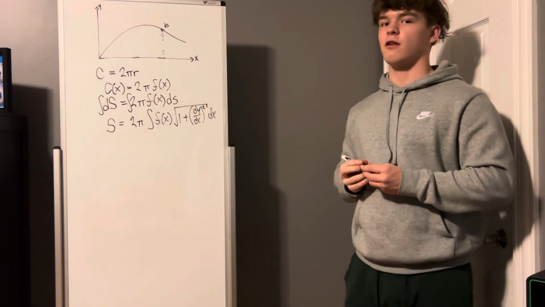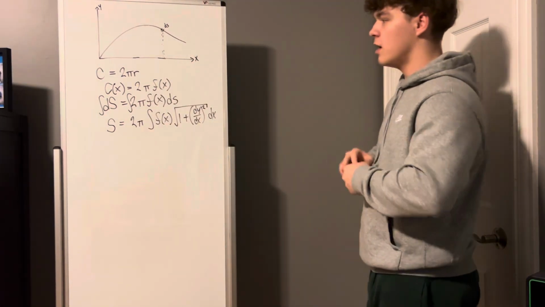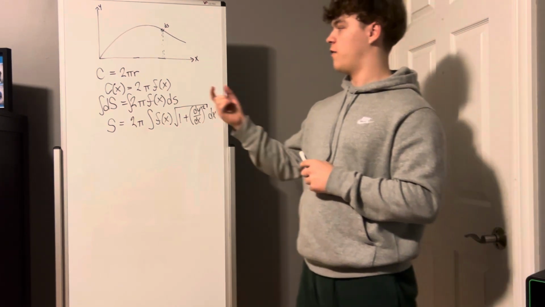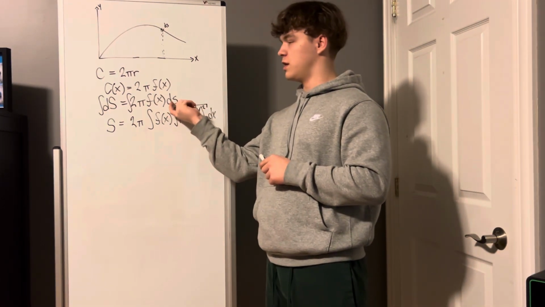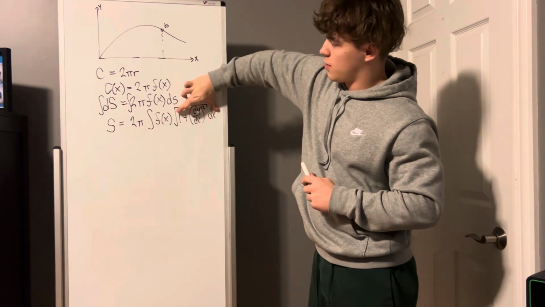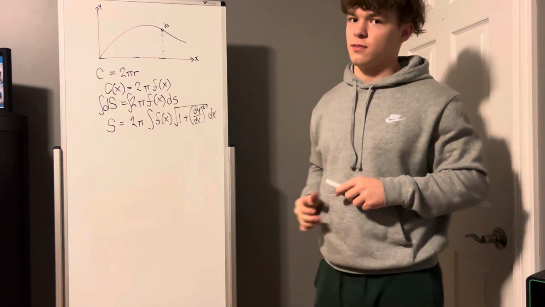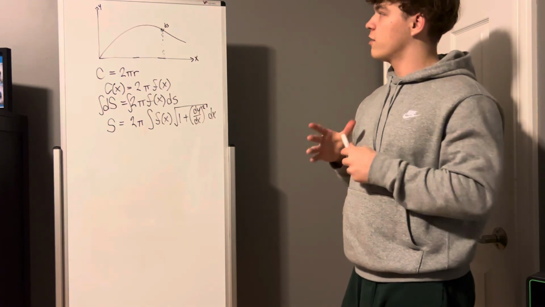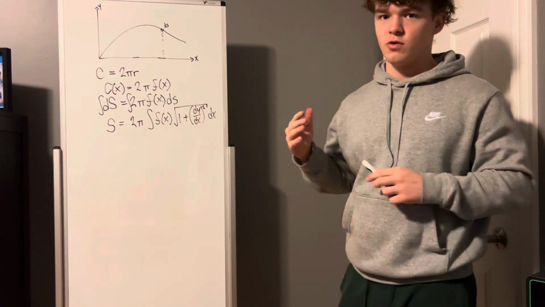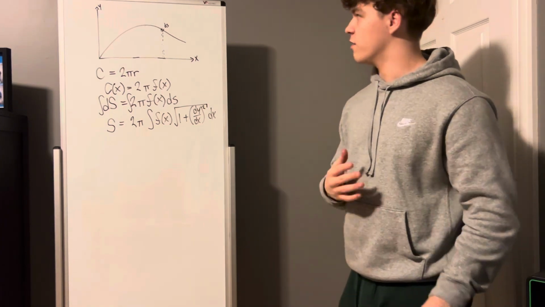And that's how we get our formula. This is how we can think about it. And I think it's very smart to think of this little ds term, because it helps you understand where this comes from. Everything is based off of this idea of an integral. We can do so many things with it. I just love it.